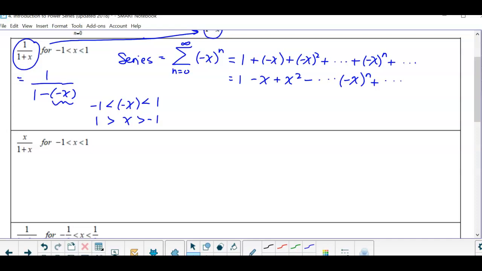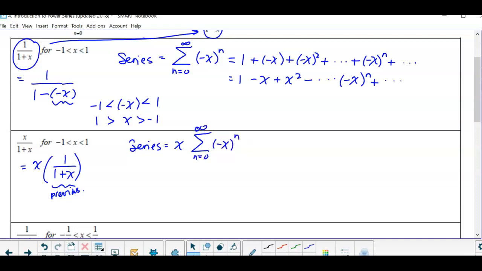Okay, so the only difference here is that this is x times 1 over 1 plus x. And we just already figured this out. This is your previous. So the series will equal x times that series from the one above.